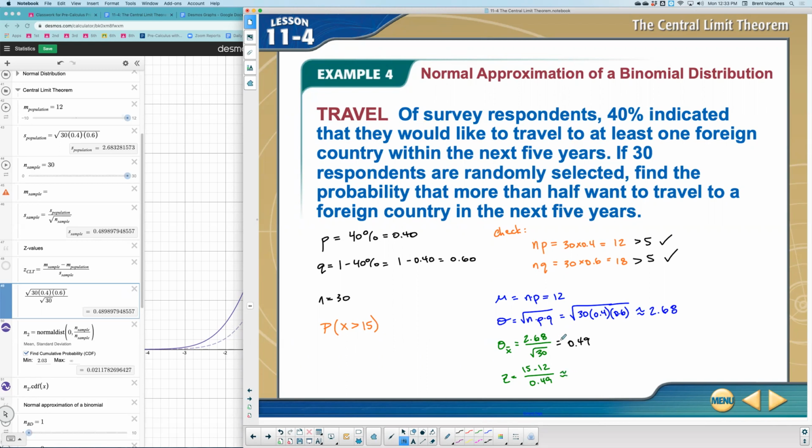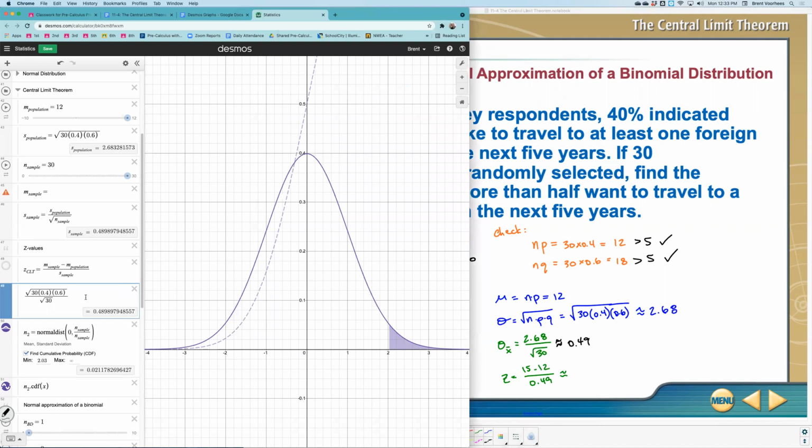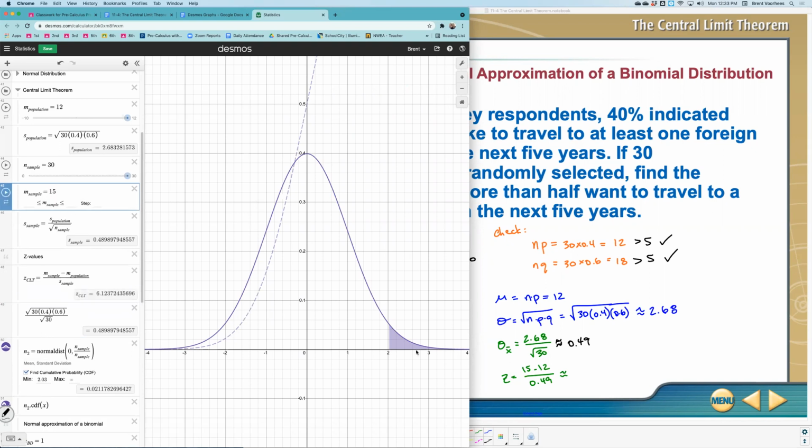And I should have done a squiggly right there, because ultimately that number was rounded. And so let's see what we get here. The mean of the sample we're saying on this problem was 15. So I put that in, and we should get 6.12 if I've done this right.